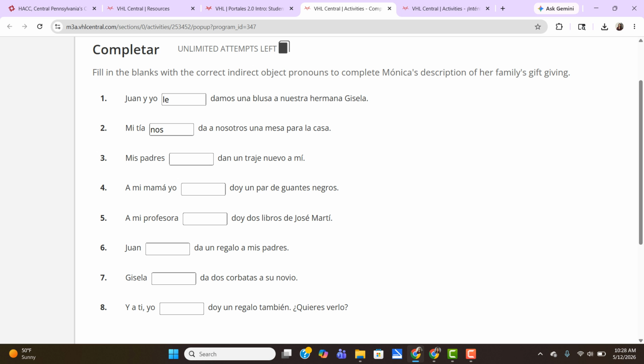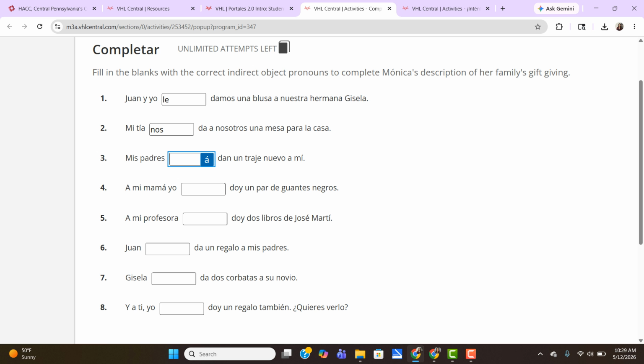You need to find your direct object first, like we found una blusa, una mesa, and then finally ask yourself to whom will give you the indirect object. And that's where you find the matching pronoun. I know there's a lot of steps to this, but that's why I'm walking you through. So pause, try, and then I'm going to go over the answers.